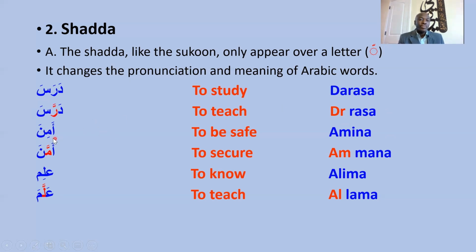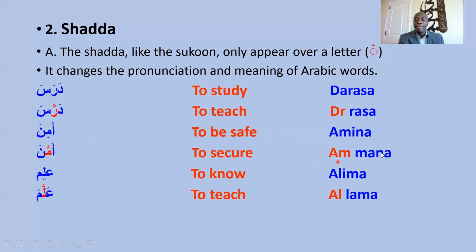Amina is to be safe, in yourself. Drive slowly to be safe, not to harm yourself or someone else. Amina is to be safe, as opposed to ammana. See, the pronunciation is different. Amina has only one syllable, while ammana has two, as if I have two M's, but in reality I have one, and the stress of the shadda makes it sound like two.